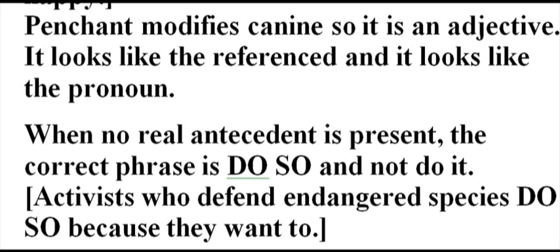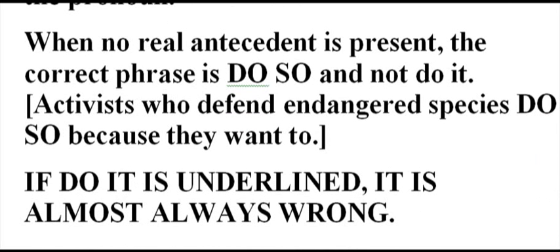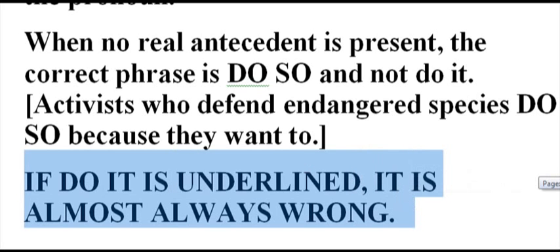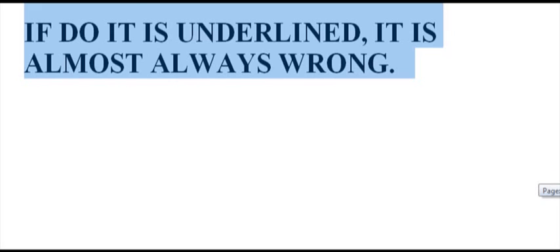I hope that makes sense. We cannot say do it because what are they doing? Defending, that's a verb. And we know that the reference cannot be a verb. If do it is underlined, it's almost always wrong. That's a really major shortcut that you should know, you should memorize, write it down, put it to heart. If do it is underlined, it's almost always wrong.